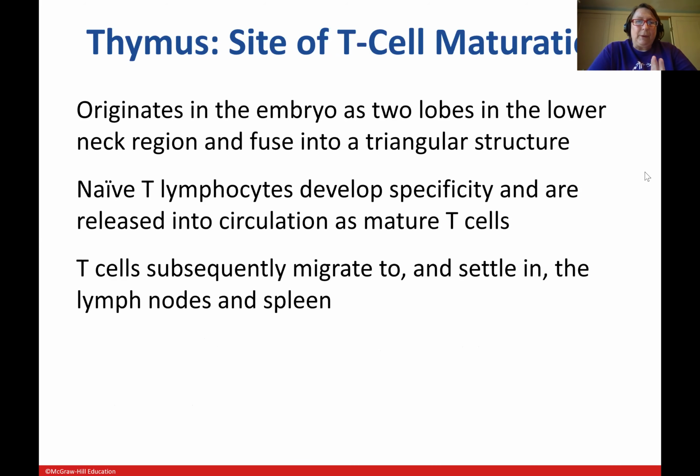Okay, so the thymus is basically the site of some of those immune cell maturation. It originates in the embryo, in that lower neck region, and then it fuses to become the more mature thymus. Those T lymphocytes that are produced in the bone marrow are referred to as naive.